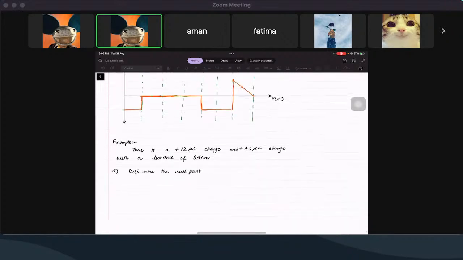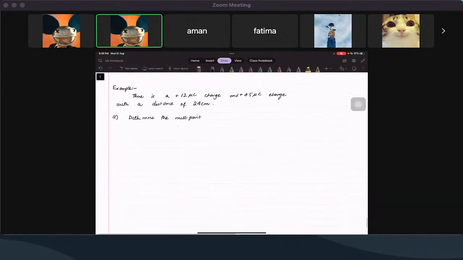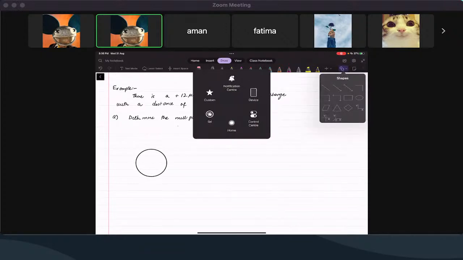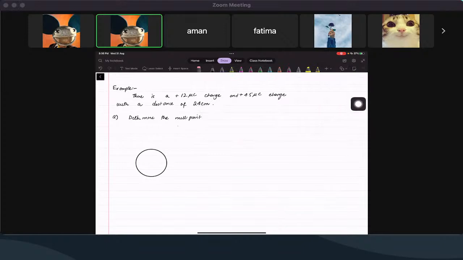So it says determine the null point, so we're going to draw this. There's a big charge, there is a small charge, and then the distance between these two is 24 centimeter.